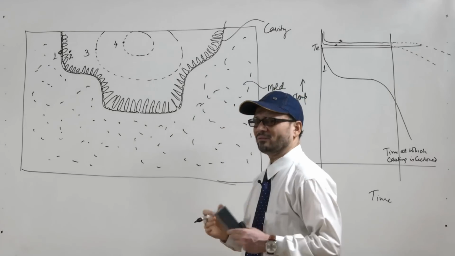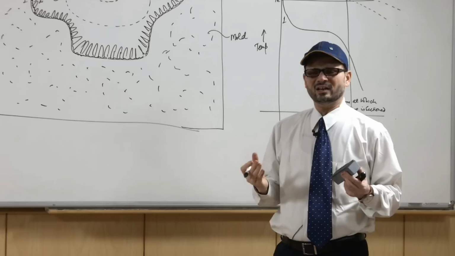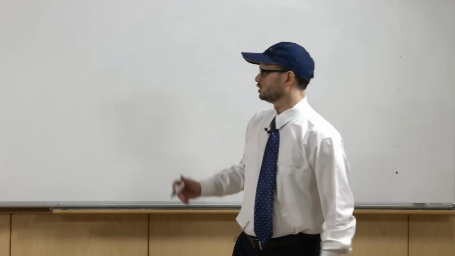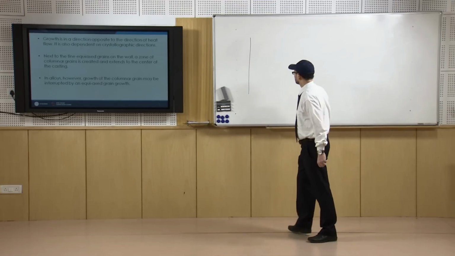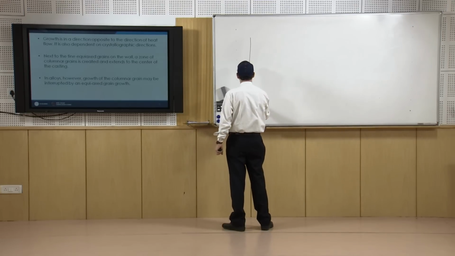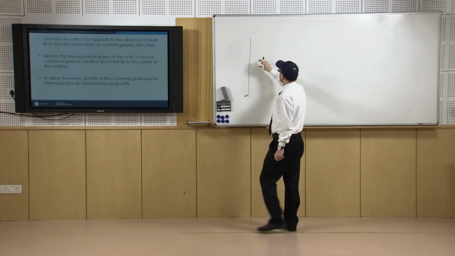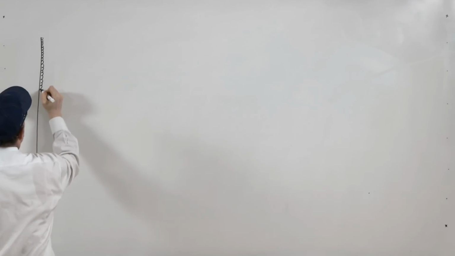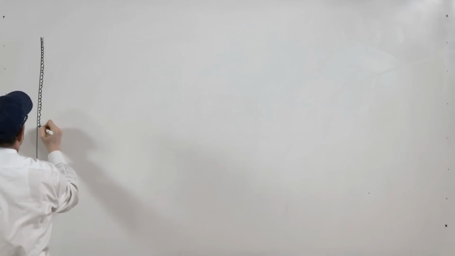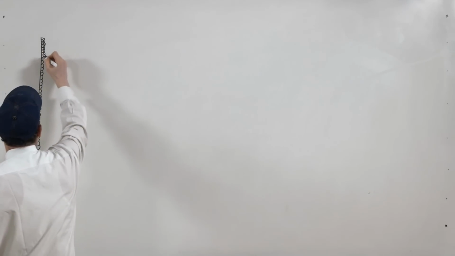Now, let us see further how the growth and nucleation happen in the case of pure metals. What is happening in pure metals is that once the liquid metal is touching the wall, there is formation of very small grains, and a large number of nucleation events because of the large undercooling experienced when the liquid metal touches this wall.